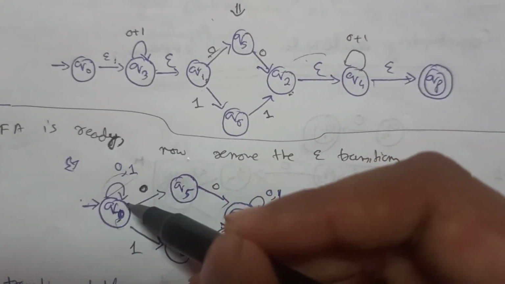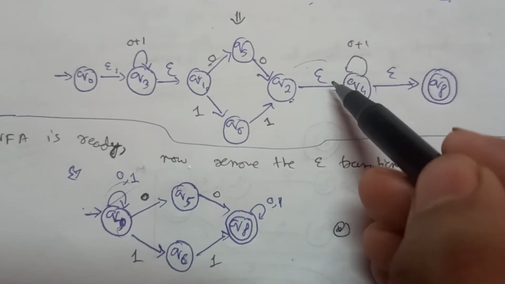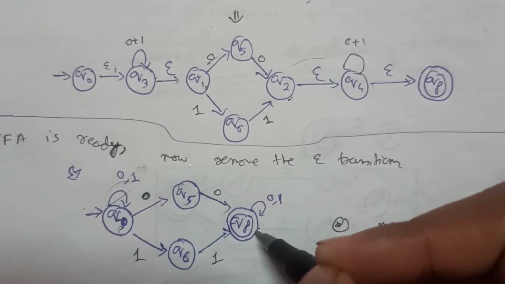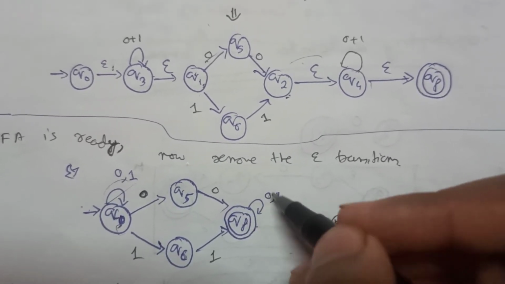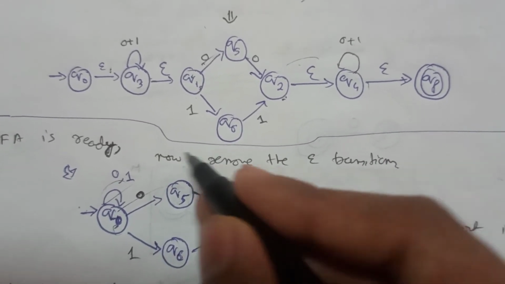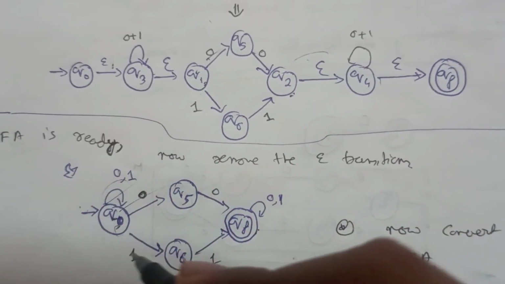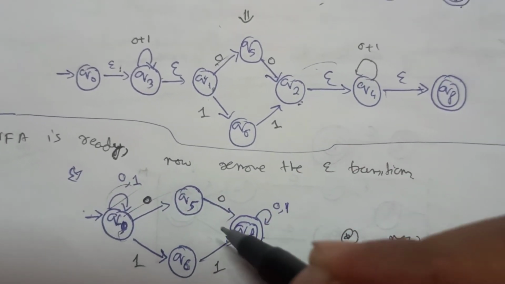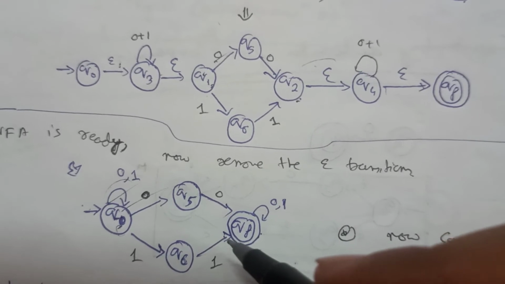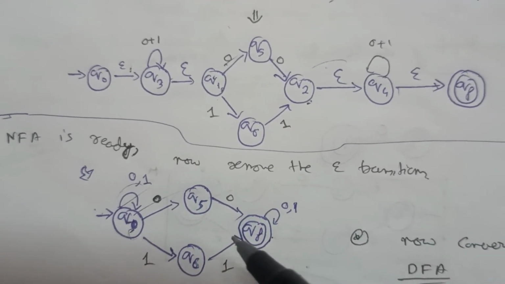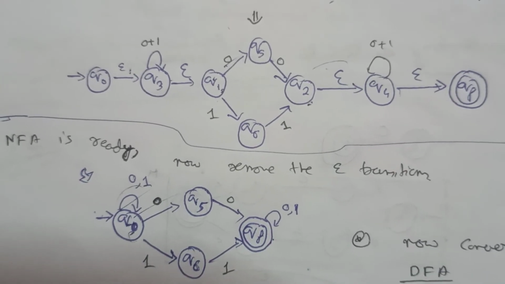I have also omitted the null transitions here, and I have made this the final state with a self loop on it, but this part remains as it is. So this is our final NFA without null transitions, and I can easily convert this into a DFA. I leave that part to you. I think you already know how to convert the NFA to a DFA, so try to do it yourself.